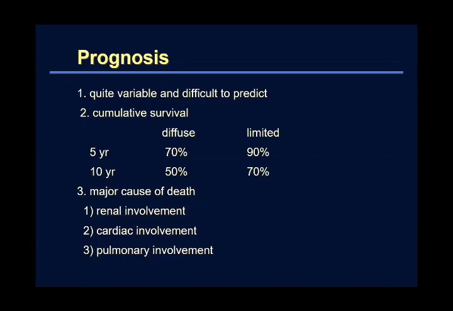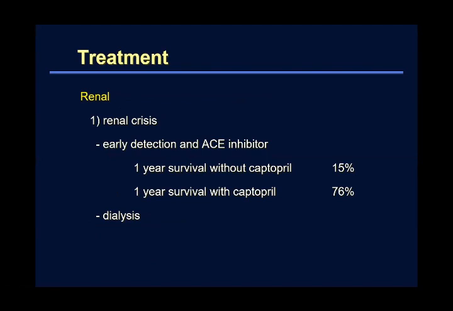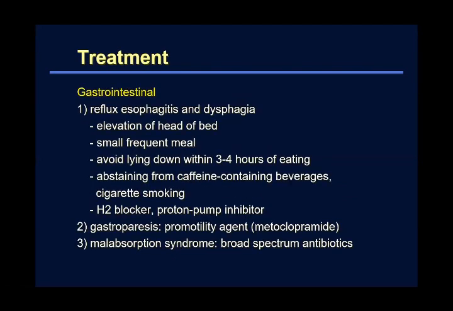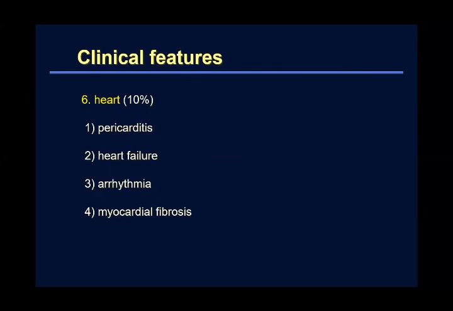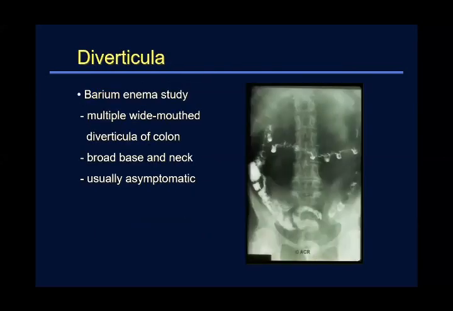So these are the basics regarding scleroderma. Patients usually present in the third and fourth decade, and they may have an element of Raynaud's phenomenon. Usually they present with Raynaud's phenomenon, and if you examine them, you will find skin changes, and you will have visceral involvement if it is a diffuse disease.